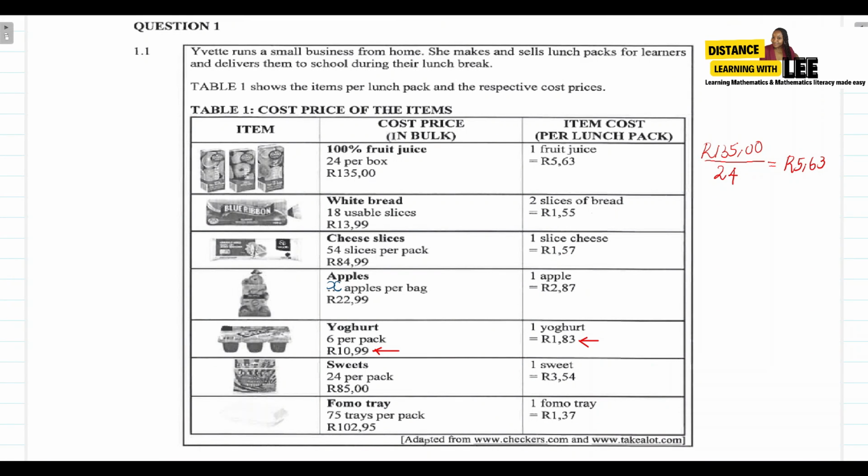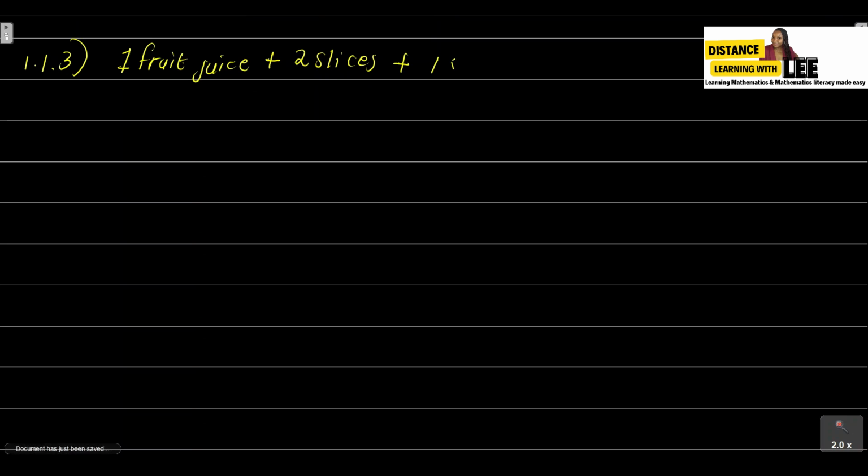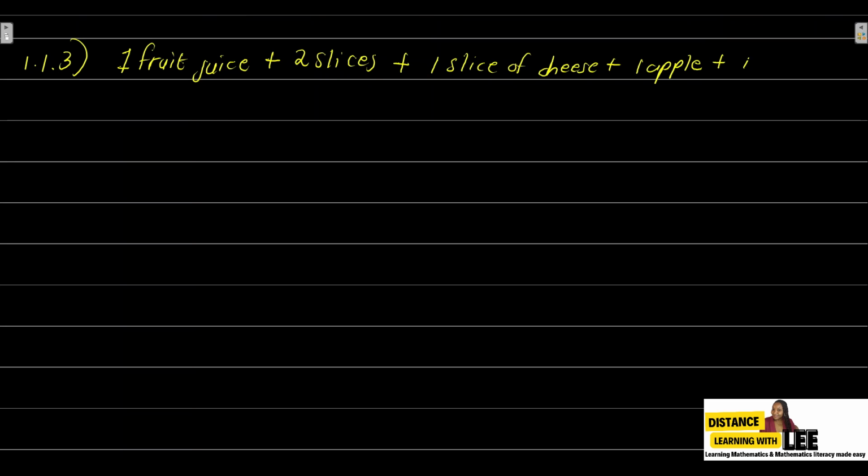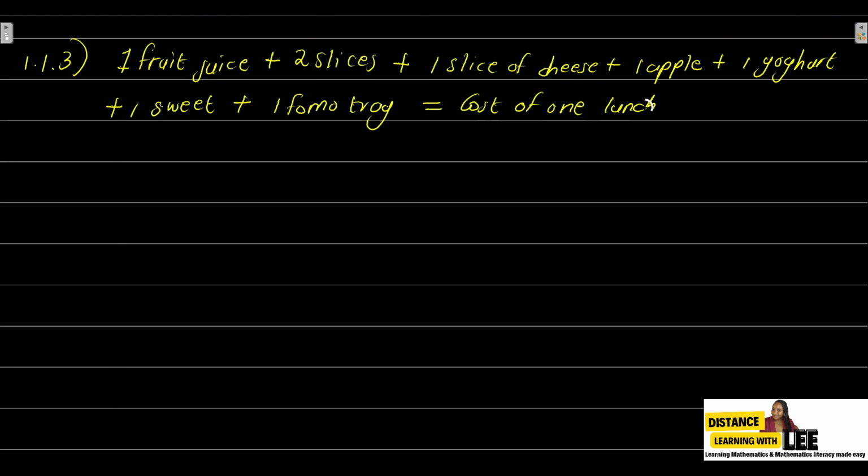We add that plus 1 slice of cheese, plus 1 apple, plus 1 yogurt, plus 1 packet of sweets, and then we package all of that in 1 formal tray, to give us the cost of 1 lunch pack. Now if we substitute all these values, let's do that.